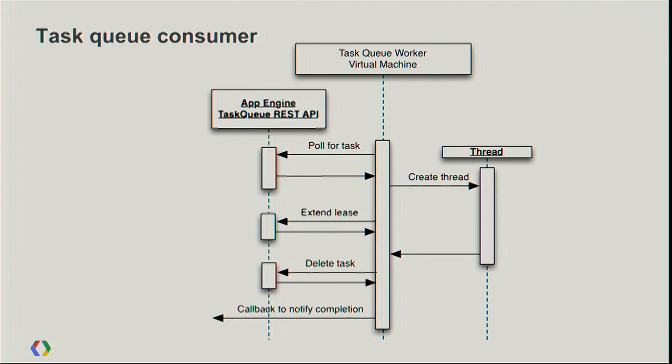When it finds one, it requests a lease on that job, which means that no one else will get that job, but that lease expires after a set period of time, say 30 seconds. It then spins off a thread to do the actual work to process that job, and it monitors it. And if we get close to 30 seconds but the job's not finished, we then update the task. We extend our lease so that it doesn't expire and that we keep that job until we're finished.